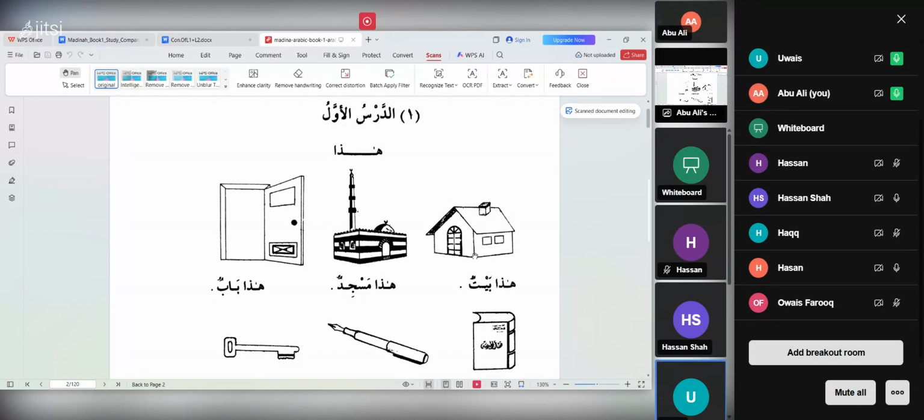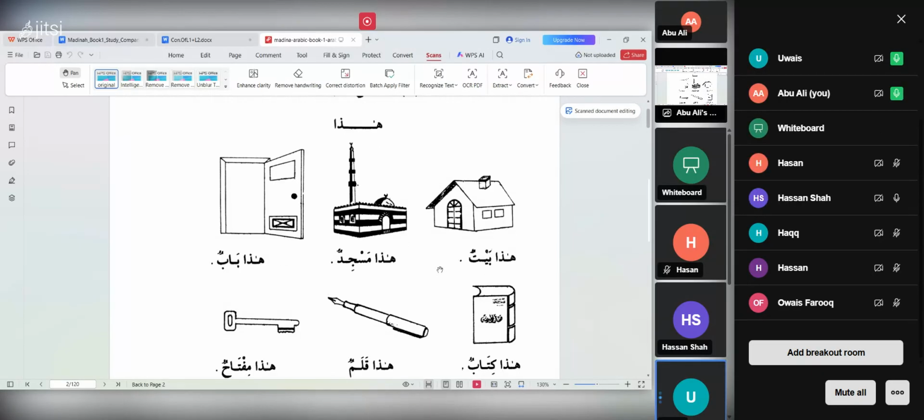So all of them are masculine because they all have hada. If it was feminine, it would be هذه. So essentially, all of these are masculine, so we don't need to. Yeah, but you should have let them think about it.